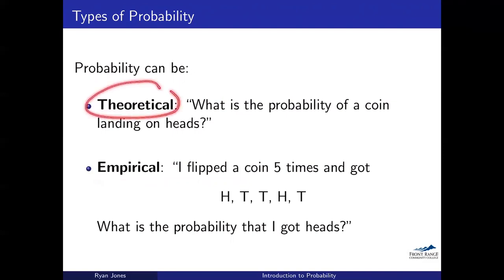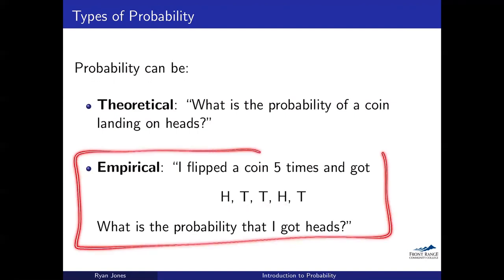And in a theoretical sense, this is more saying, hey, mathematically, what's the probability that a coin lands on heads? I'm not actually going out there and flipping a coin. I'm just using my knowledge and using math to figure that out. If I contrast that with empirical probability, it's kind of like I'm running an experiment. So maybe I flip a coin 5 times and I get heads twice and I get tails 3 times.